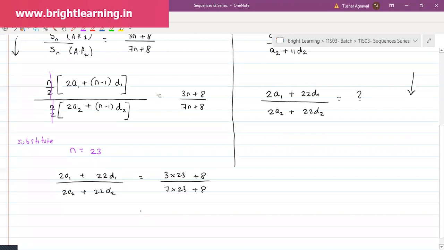Do the calculations. The numerator is 69 plus 8, which is 77. The denominator is 23 sevens, which comes to 161, and 161 plus 8 is 169. So 77 upon 169 is the answer. And if you reduce it, we may have made some mistake.